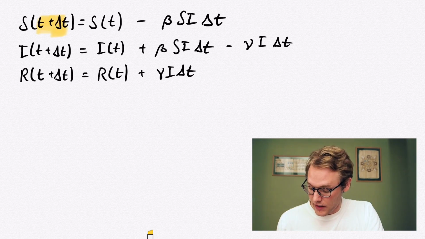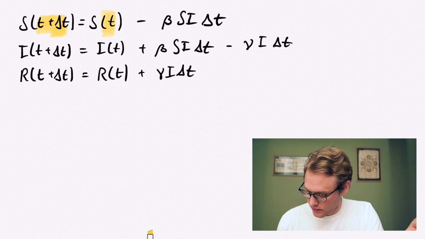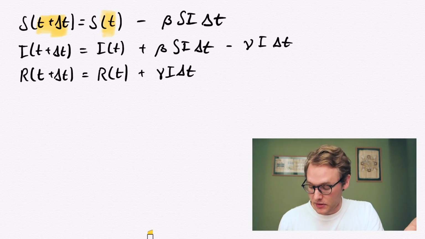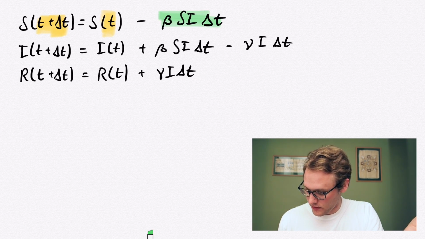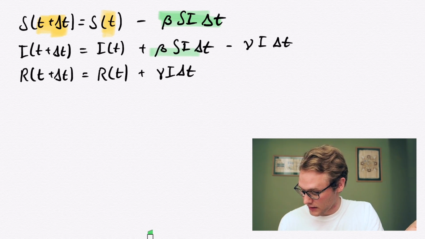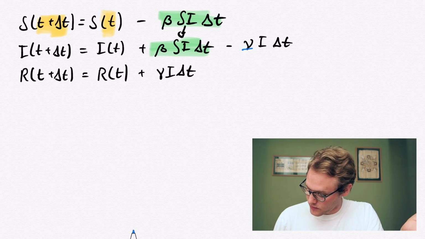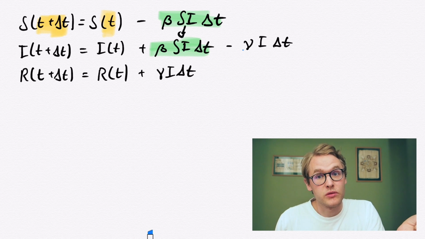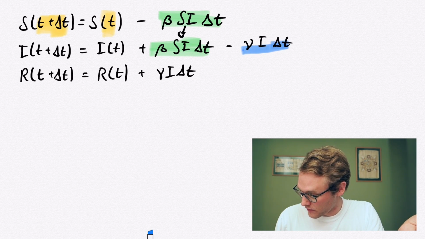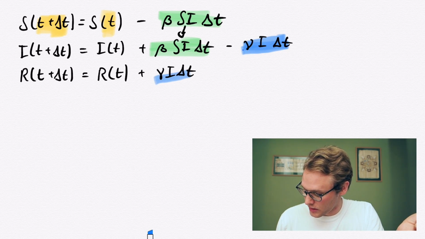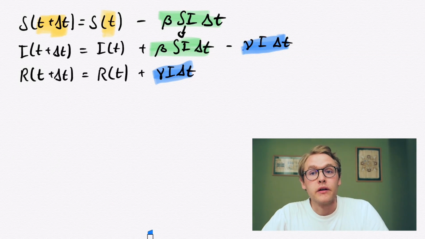At some advancement in time, we move from our current number of susceptible people, and some of the susceptible people become infected, so this increases, right? So we go from here and over to this group. Similarly, we have some chance or some rate of transition from the infected group and over to the recovered group.